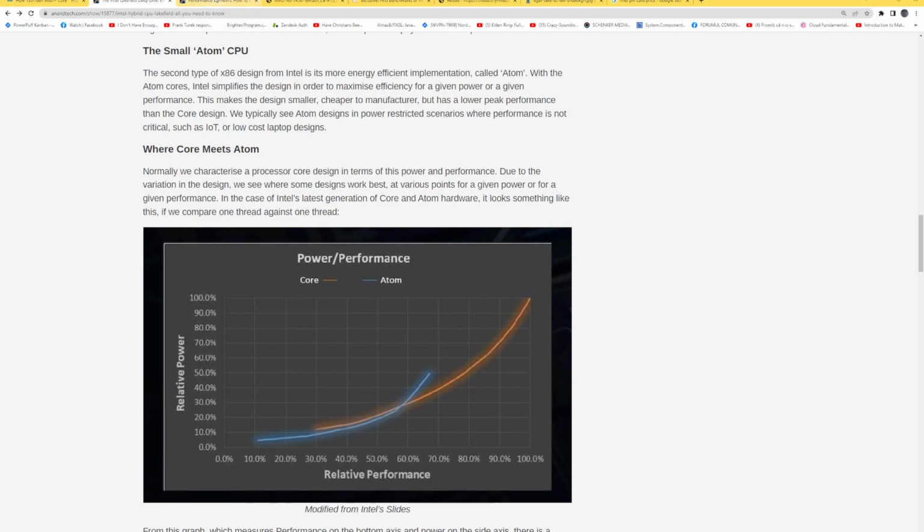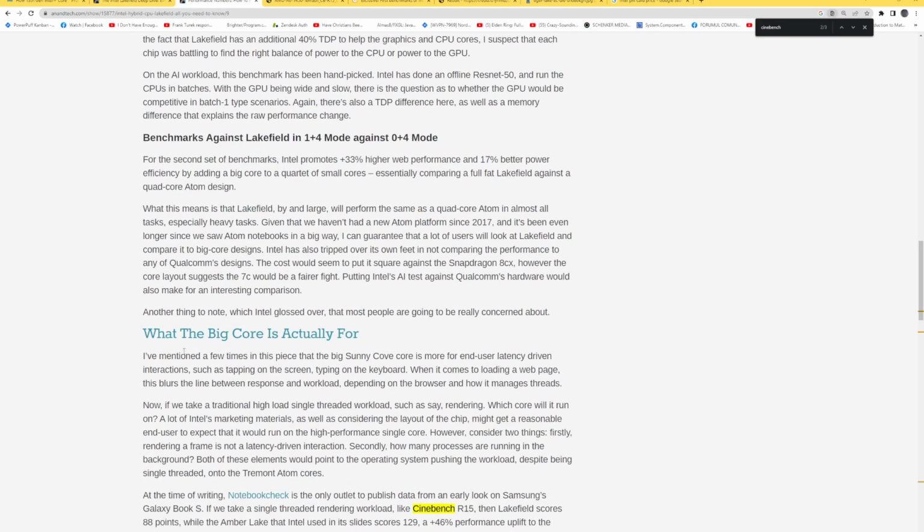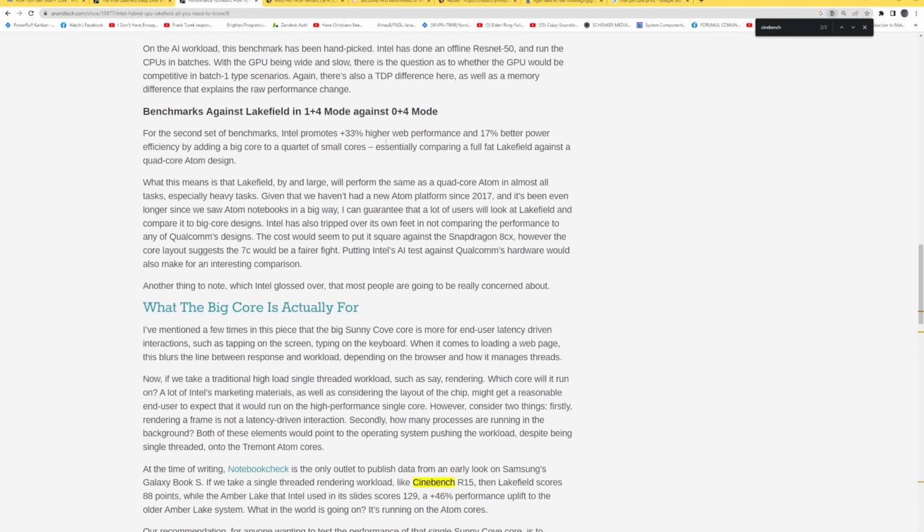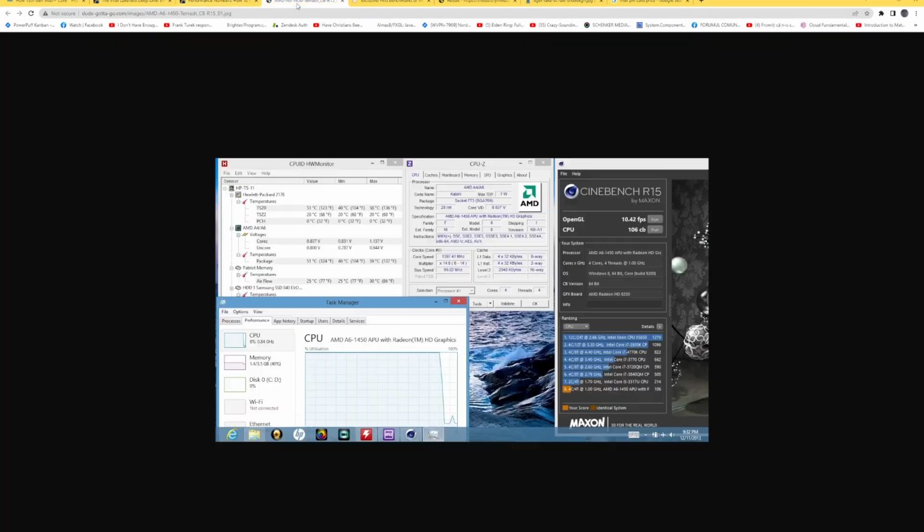The other part we should understand is that Intel did this in the past with one core, and they attached to it 4 Atom cores. And I think there was this benchmark online, the compute benchmark Cinebench, which is very good. We can compare with AMD, let's say small cores which AMD made.